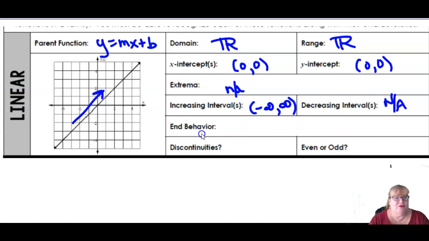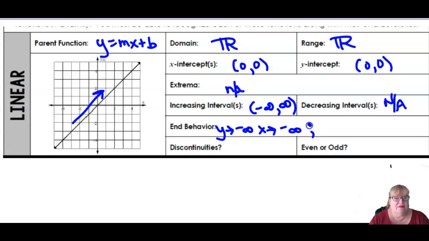And the end behavior, the form it is in, the left end, where x is getting more and more negative, and what's happening is the function, I'm just going to call it y, is going down, so negative infinity.